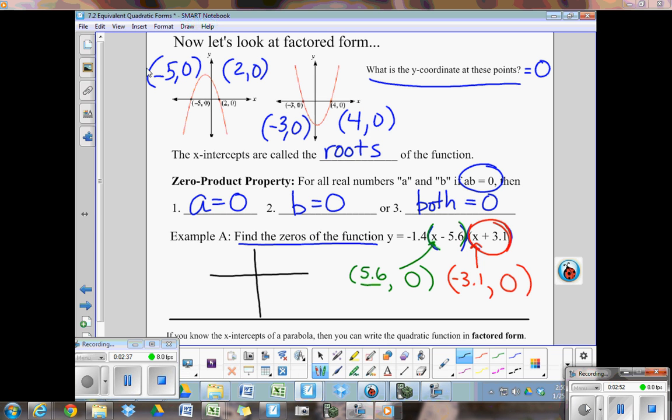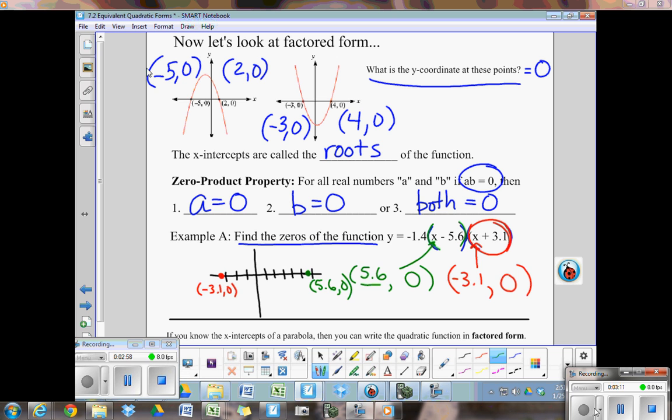So if you were looking at a graph of this parabola, there would be one x-intercept at -3.1, which is here in red, and another x-intercept at 5.6, which is right there in green.